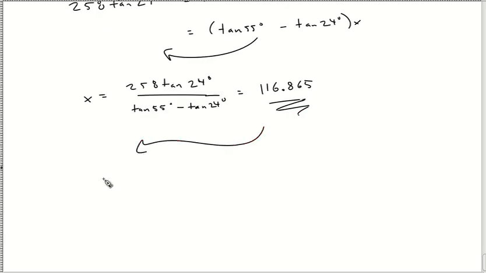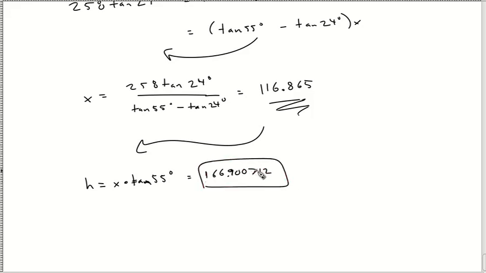I now need to find H, which is X times the tangent of 55. Again, all of this is calculator. And so I actually get 166.9007. There you go. There's my actual H value.